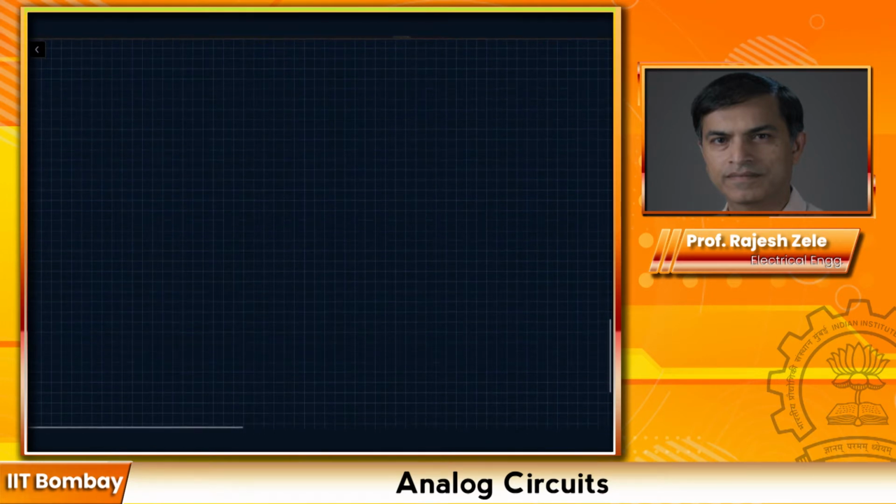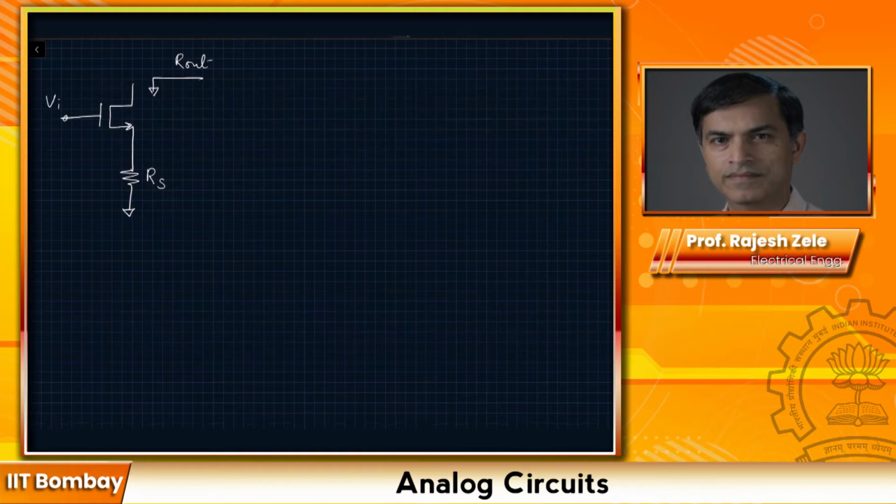So what we are trying to figure out is, if I have a transistor like this, and if I add a source resistance Rs, then what happens to my Rout? This being my Vi. Again, draw the small signal.